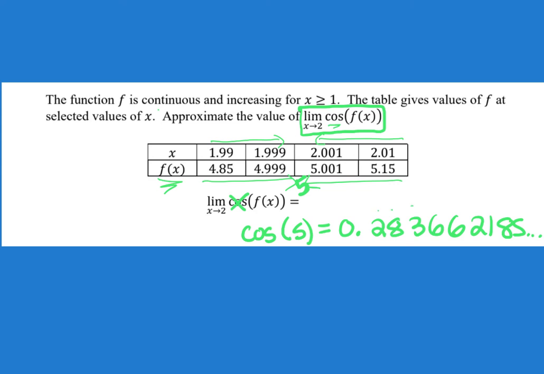Okay, so AP Calc, they want 3 decimal places. 1, 2, 3. You can round or truncate. They will only read the first 3 numbers. So 0.283 is correct. 0.284 is correct. You could go further if you want.